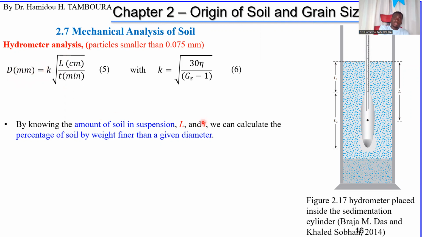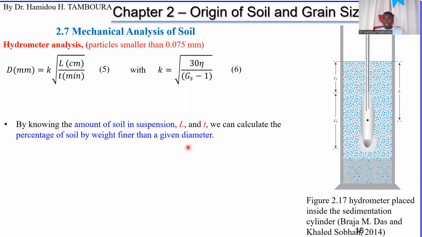So it means that at time 5 minutes, the soil that is in suspension has soil particles smaller than the diameter we have calculated. So we can say with confidence that this amount of soil in suspension has soil particles smaller than this diameter.